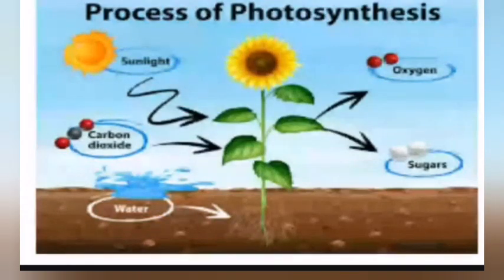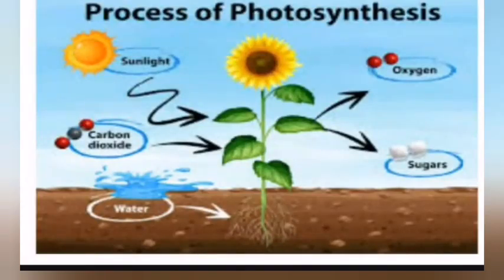So here is a general overview, just a picture to show you guys what really happens here. Sunlight hits the green plant. Carbon dioxide is always present in the air. Water is absorbed from the roots and taken up via the xylem. Now, in the plant, in the leaf, in the chloroplast, with sunlight, carbon dioxide is mixed with another compound called ribulose 1,5 bisphosphate.